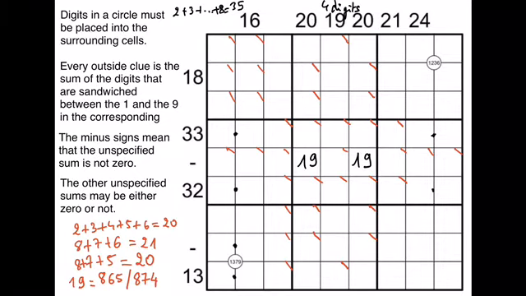And 16 needs at least 3 digits because 2 digits have a maximum sum of 15. So we can't have one of them here because from here to there, there's only 2 digits for a sandwich. So we know that one of them has to be here. So there's a 1 or 9 here.